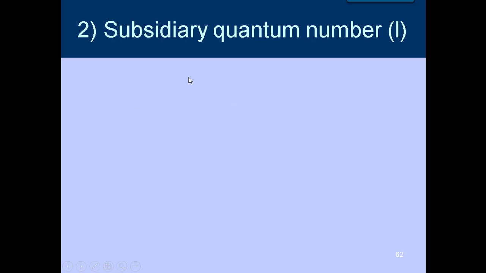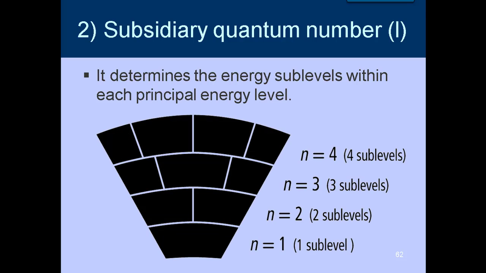The next quantum number is the subsidiary quantum number. This number determines that each energy level is divided into something called energy sublevels.